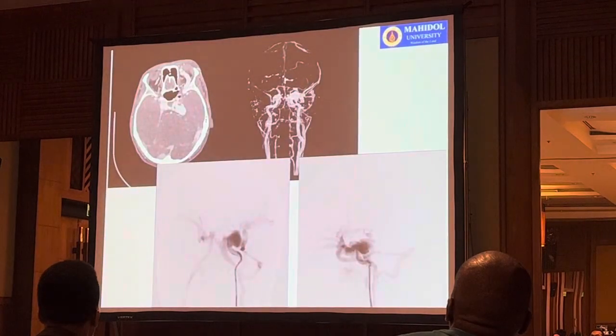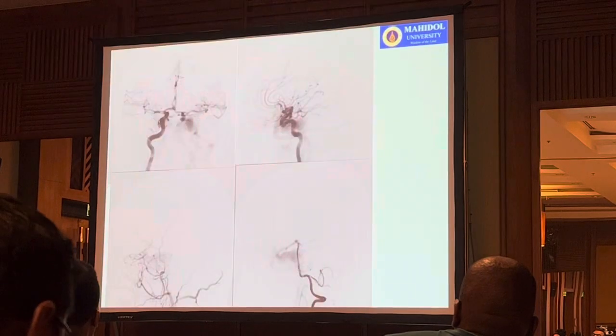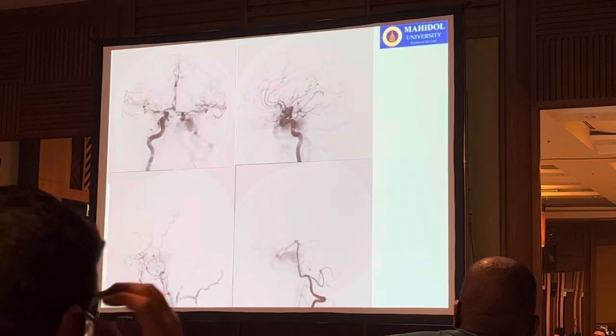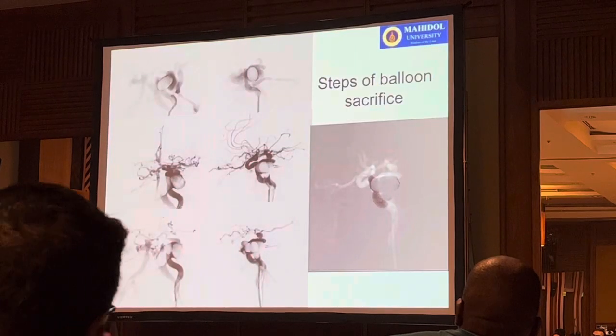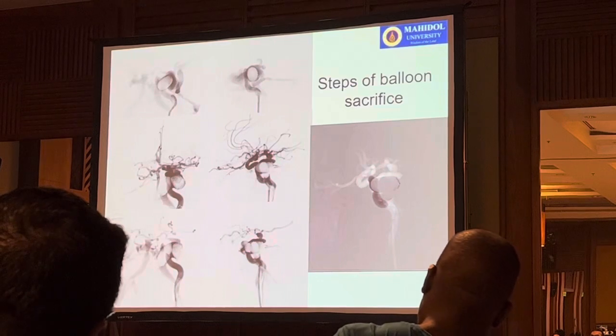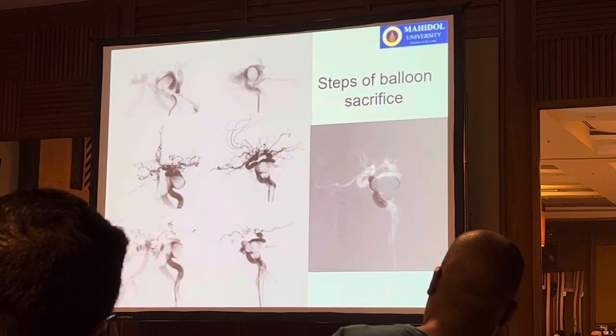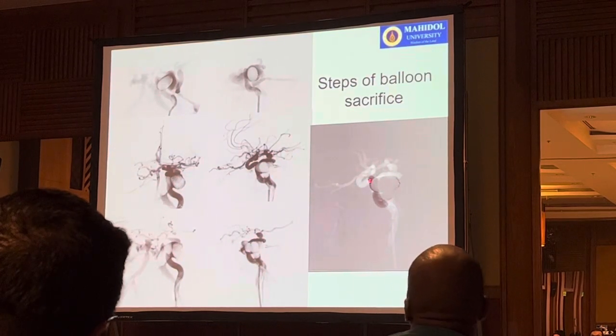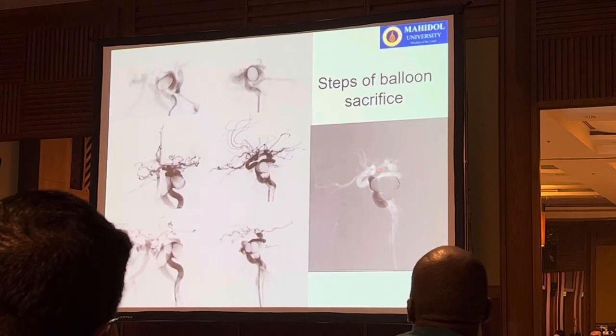So, for example, this patient with this giant fistula, you were trying to check everything, and you put the first balloon, second, third balloons, and it never stops. It's not stopping. But now we change policy to be able to sacrifice.